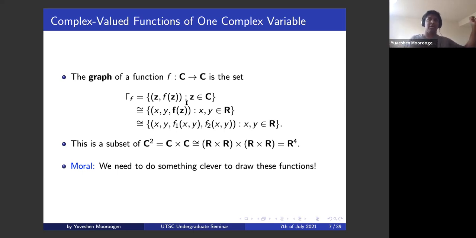So my input is an element of a vector space of 2 dimensions, and my output is also an element of a vector space of 2 dimensions. So my graph is going to be sitting inside this space of 4 dimensions. And now that's not going to be easy to draw at all. So we're going to need to do something clever to draw these functions. So that's the problem in a nutshell.